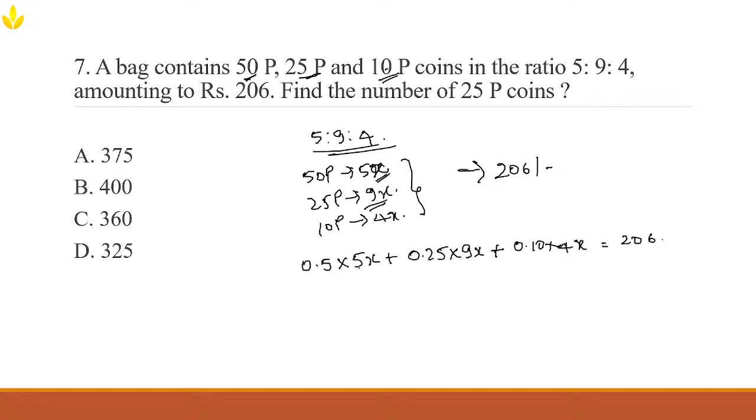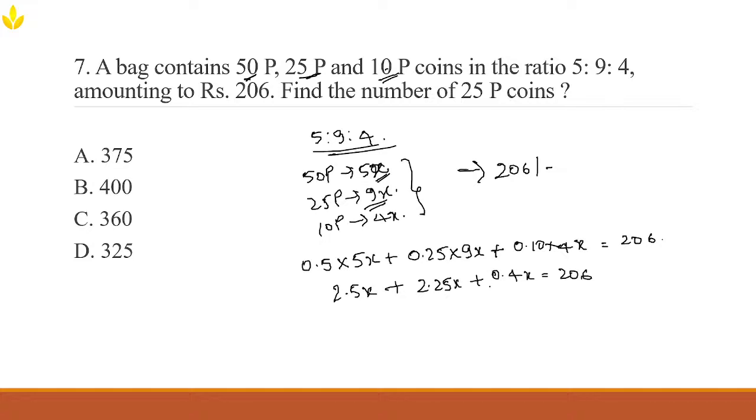So 0.5 into 5, we get 2.5x, plus 0.25 into 9, we get 2.25x, plus 0.10 into 4, we get 0.4x, that is equal to 206.